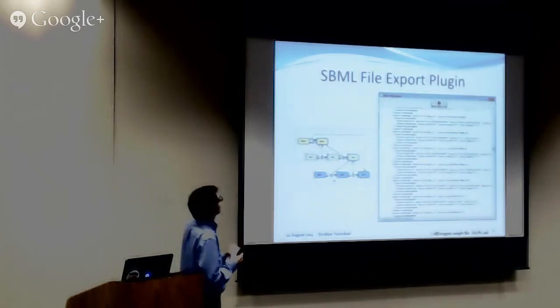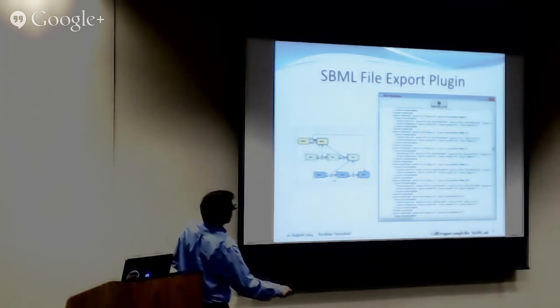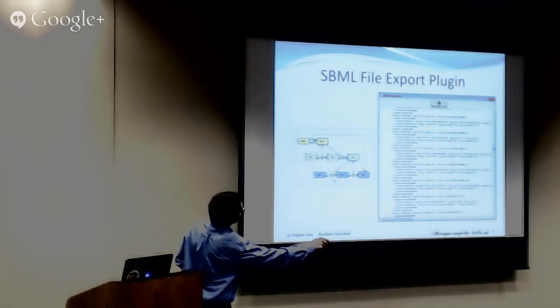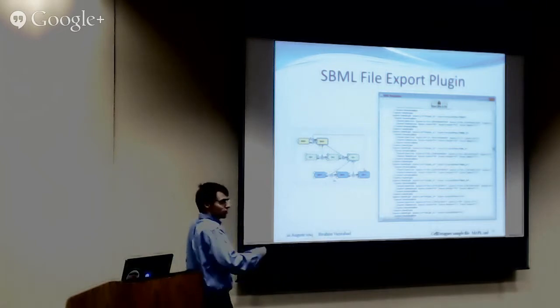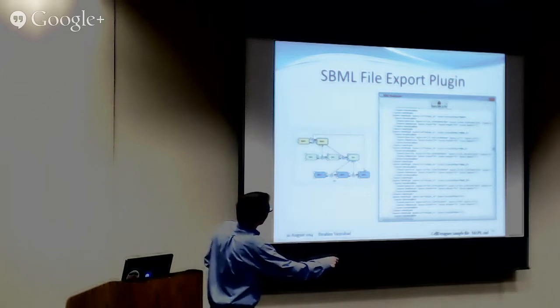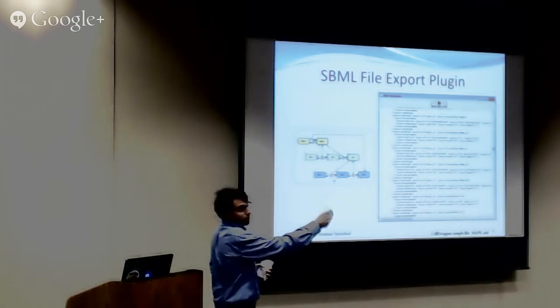So first is the file export plugin. On the left, we have a CellDesigner model, and on the right, we have the CellDesigner plugin, the plugin written in JSBML. It's a little bit blurry, but this plugin prints out the SBML file.